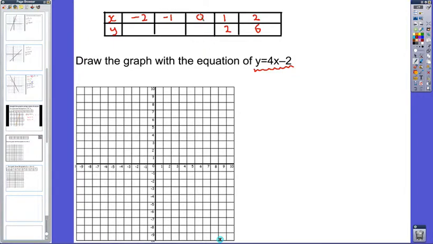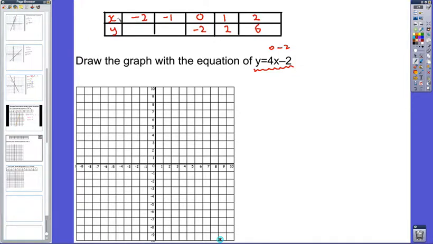And now your x is 0, so 4 times 0 is 0. 0 take away 2, if you can't do 0 take away 2 in your head, just go to your x-axis and go back 2 steps because we've taken away 2. So go back 2 steps, 1, 2, and we reach minus 2.